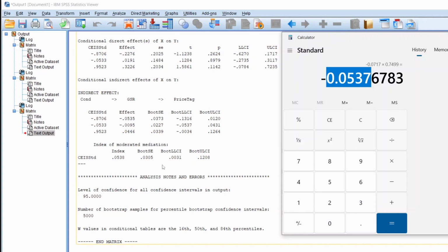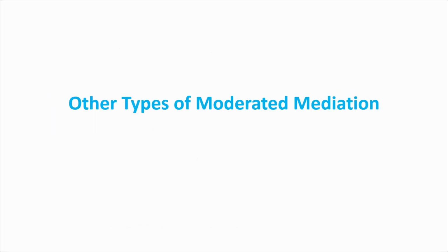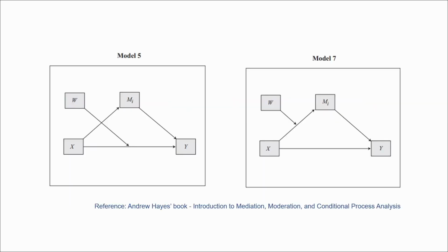So I think that's it. Another thing I would like to briefly mention is that there are other types of moderated mediation. Earlier we discussed model A, in which the A part and C part both have moderation, and the interaction items are significant. But sometimes the A part is not significant and only the C part is significant.